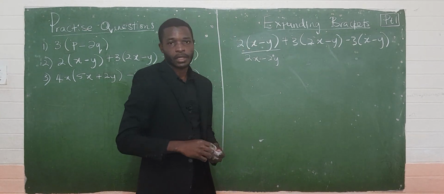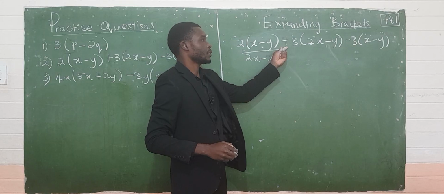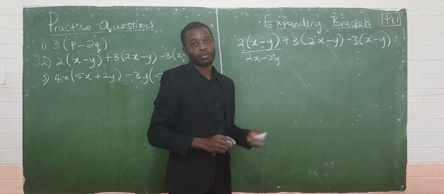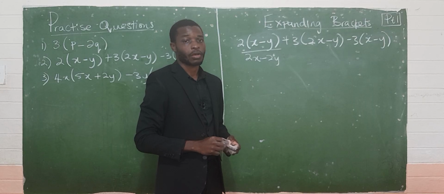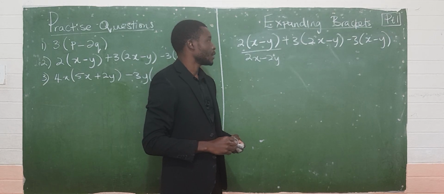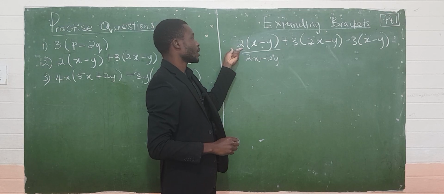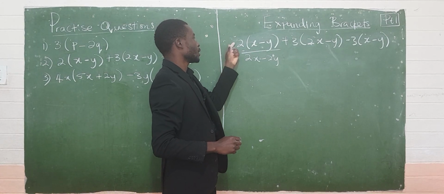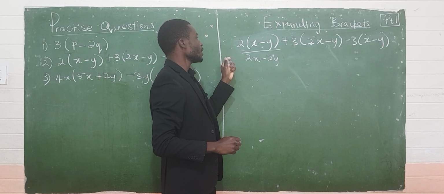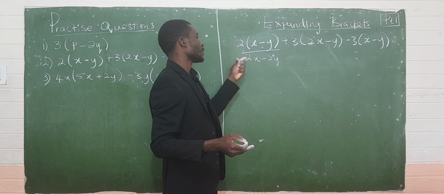Now, there's something that I have to emphasize. This sign is to be considered when you're removing those brackets or when you are performing the multiplication operation. The reason is, you didn't really see it on this part, because this was a positive, and when it's a positive conventionally, we are allowed to not write it.